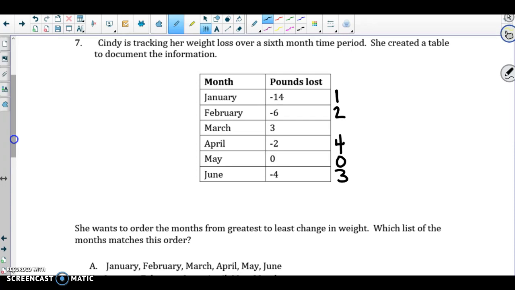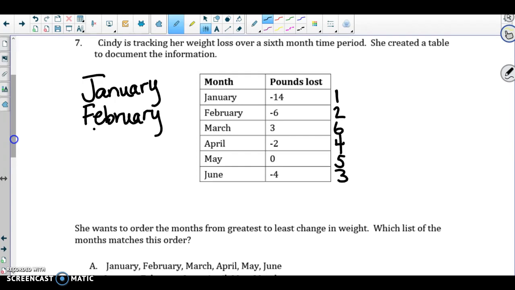So it would be, whoops, that wouldn't be a 0, that would be 5, and then 6. So if we ordered our months, it would be January, February, June, April, May, and then March.